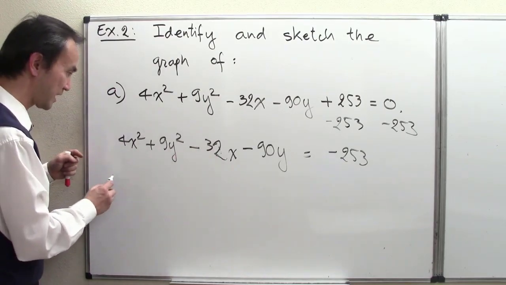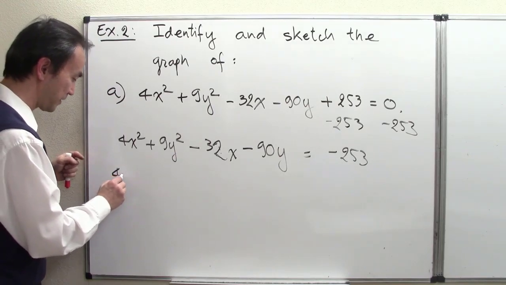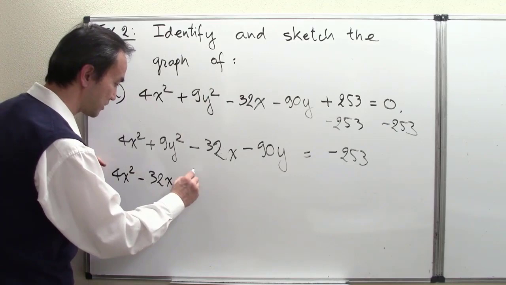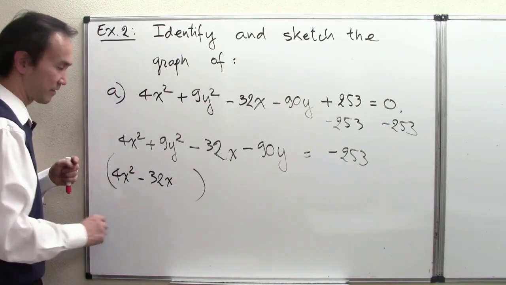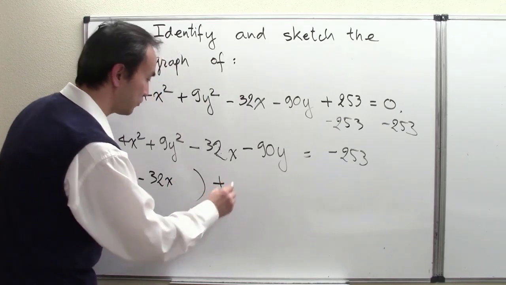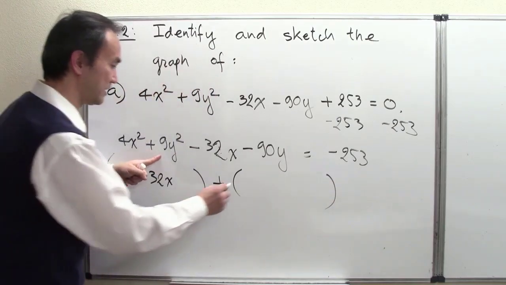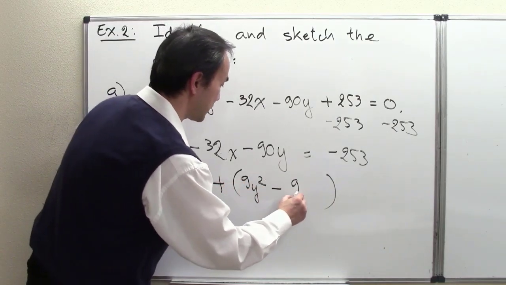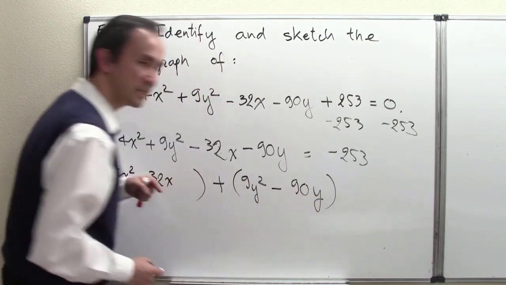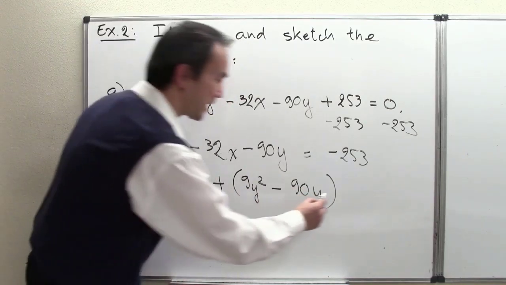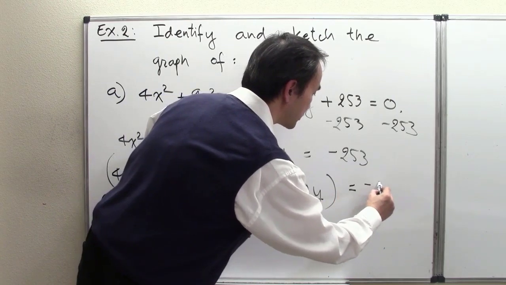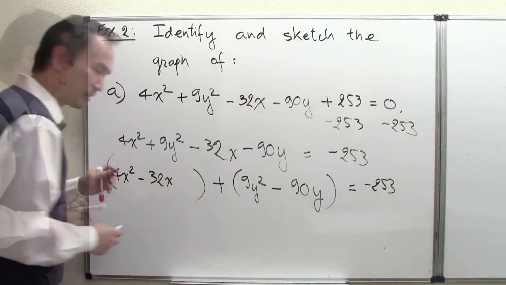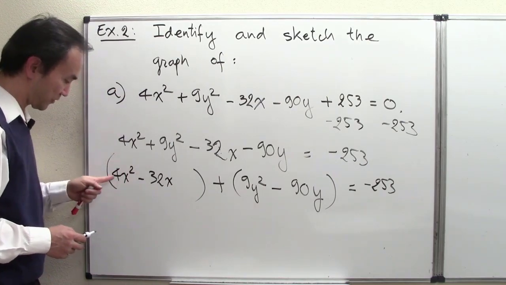So what I'm looking at now is 4x squared minus 32x grouped together, and here I'm adding another group, being 9y squared minus 90y grouped together, and all of that equals minus 253.